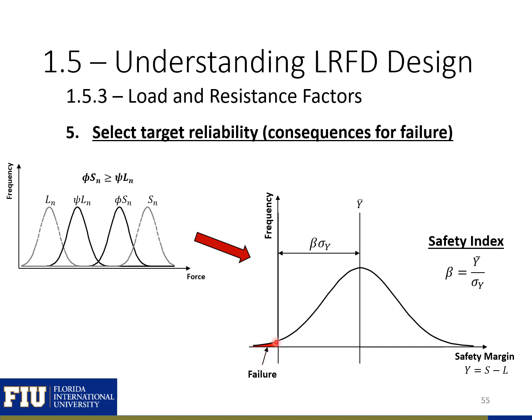So our probability of failure we can then find as this area highlighted in red. We can also define a safety index, and the safety index, beta, is the number of standard deviations between the 0 point, or Y equal to 0, and the mean for all of our Y values, or the mean of our safety margins.